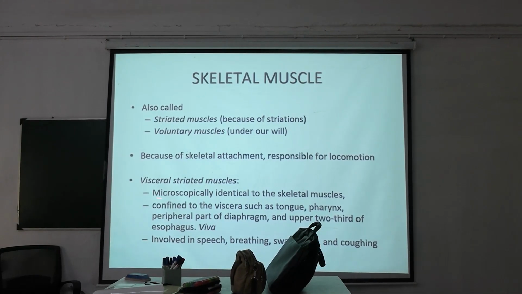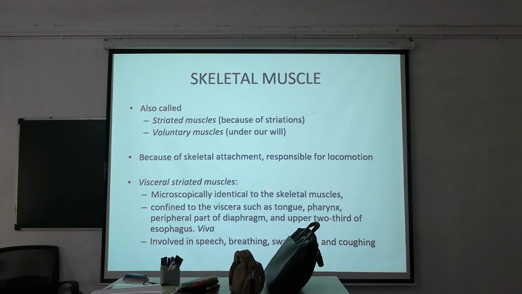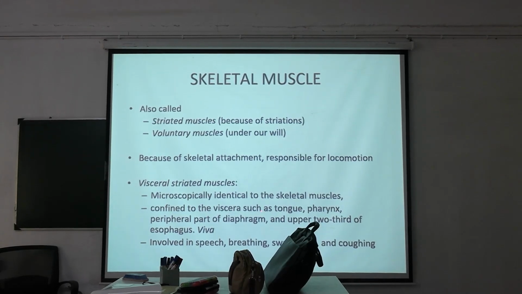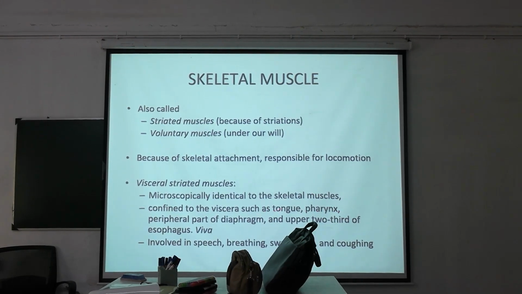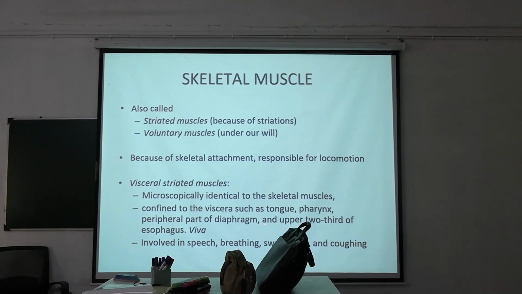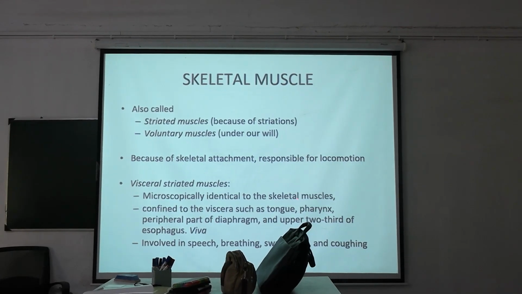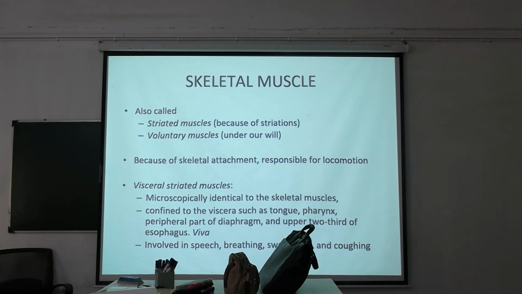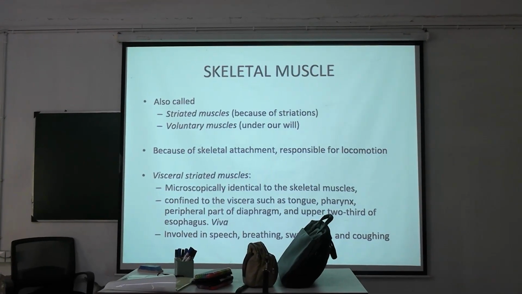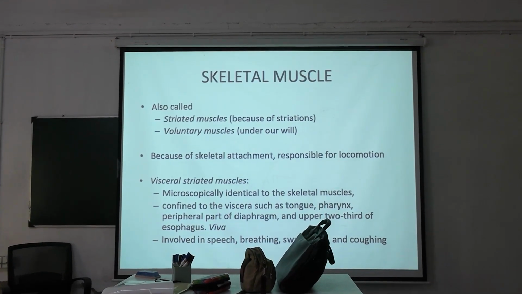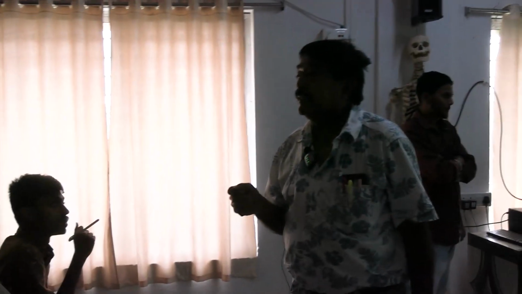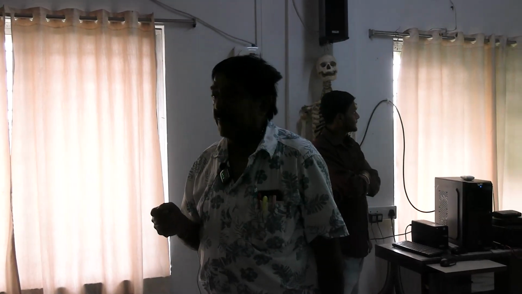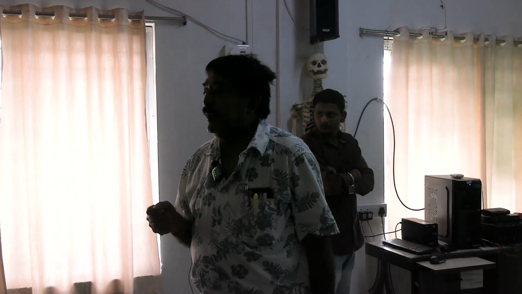Now visceral striated muscles are microscopically identical with skeletal muscle, confined to the viscera such as the tongue, pharynx, peripheral part of the diaphragm and upper 2/3 of the esophagus. Now, the tongue: you can play with the tongue in different ways. Like when I examine a patient, I ask them to show the tongue.